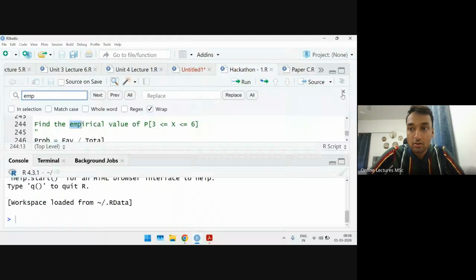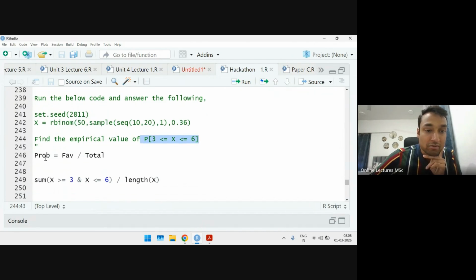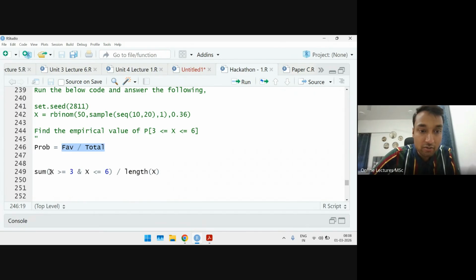Here, the question says find out the empirical probability of so and so. Now, we know probability is nothing but favorable over total number of outcomes. So here, I wanted to count the number of instances which satisfy this condition.